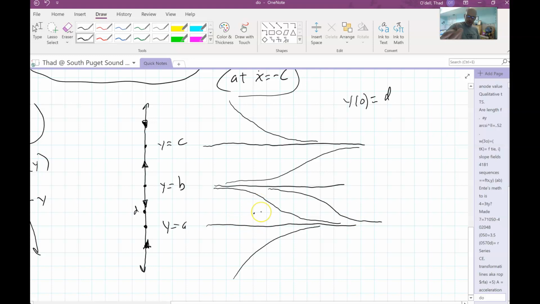I didn't put a y-axis in here, but you know what I mean. I'd be starting here, and I know that I'm going to go down from there as I get close to this, and going up as I go the other way. So that's what I mean by where we're at between them, is what the initial condition is.